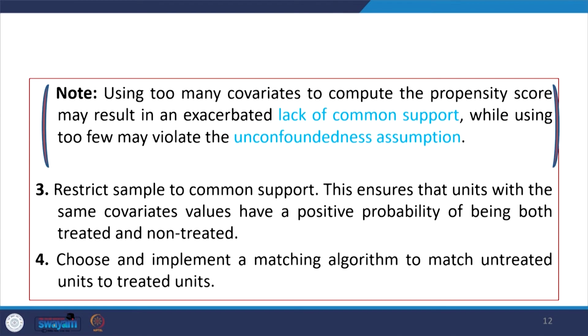Okay. So, using too many covariates to compute the propensity score may result in an exacerbated lack of common support, while using too few may violate the unconfoundedness assumption. The unconfoundedness assumption we have already discussed. If you are taking too few covariates, or variables other than the treatment variable, then the unconfoundedness assumption, that the confounding variables should be independent of the treatment, is very difficult to satisfy.